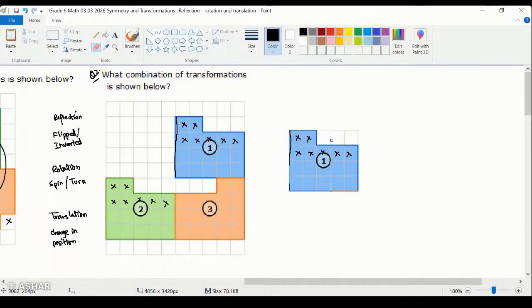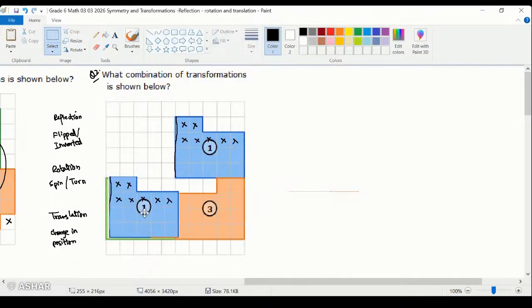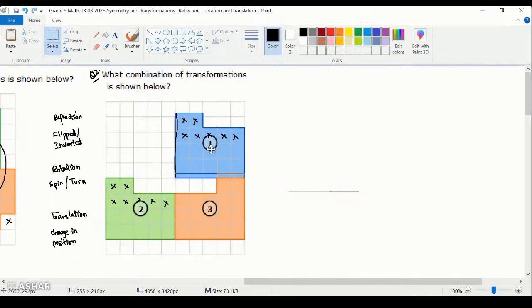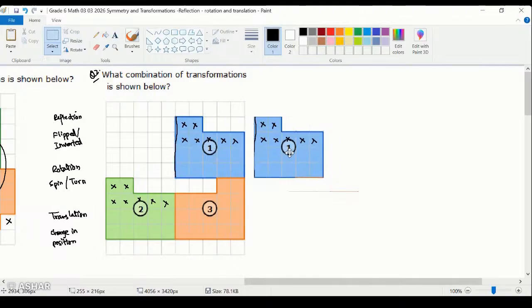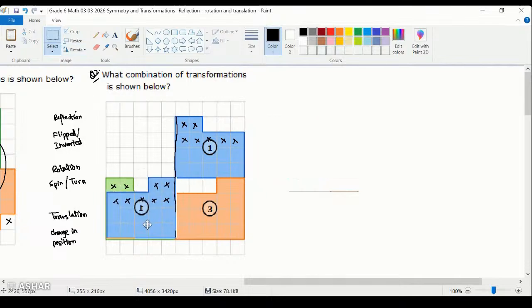Shape number 1 without any flipping can be moved onto shape number 2, right? There is no change, no flipping. Flipping would be this, right? If this would be flipped, then shape number 2 would have been something like this.